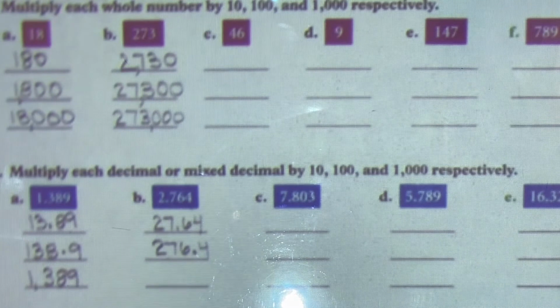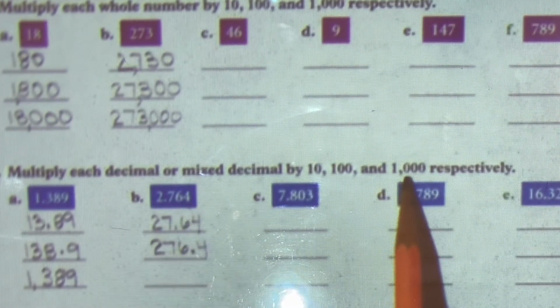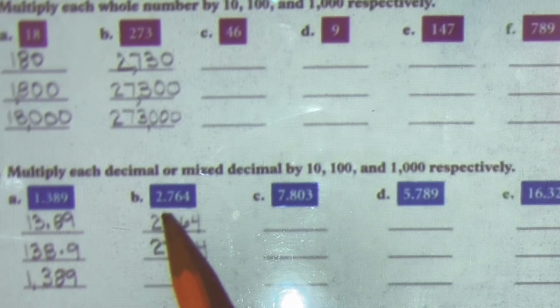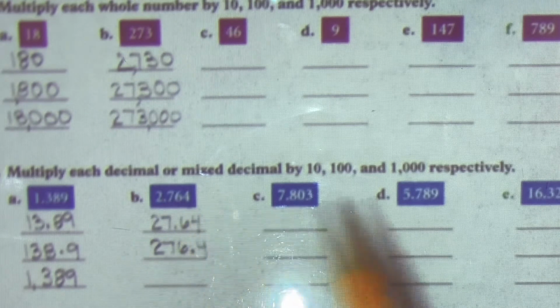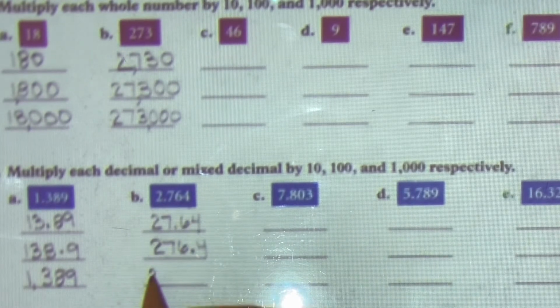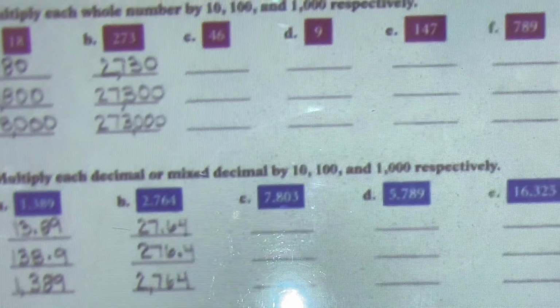And lastly, 2.764, if I multiply it by 1,000, it means that I'm moving the decimal point 3 places to the right. 1, 2, 3, that's going to be 2,764. Okay?